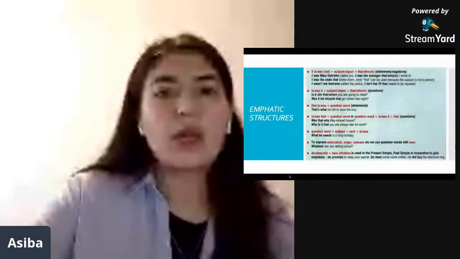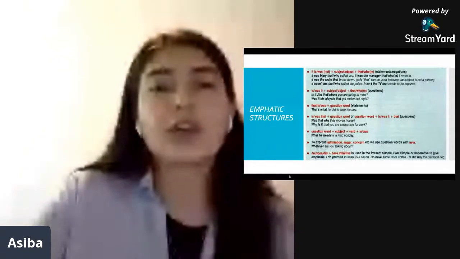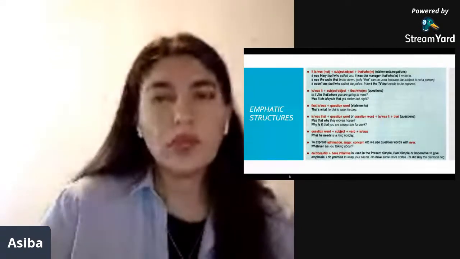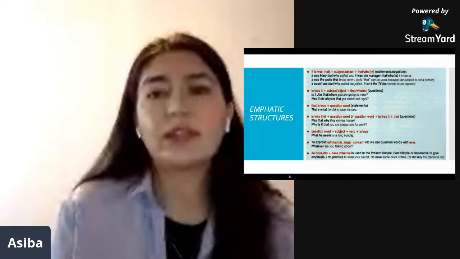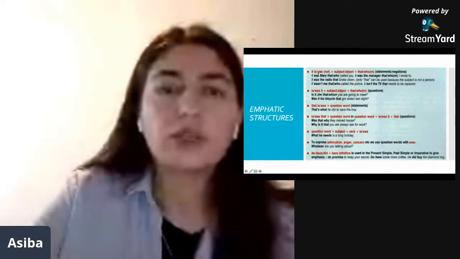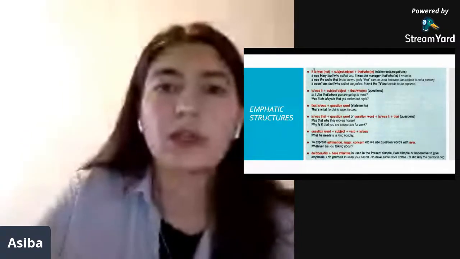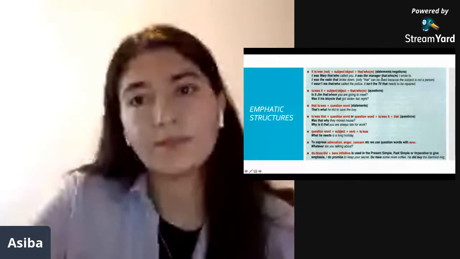And next, here you can see the structures that are used to write the emphasized structures with statements, negatives and questions. If we go closer, we can use both in past or present. So it is 'it was/is' plus subject or object, and who or that.